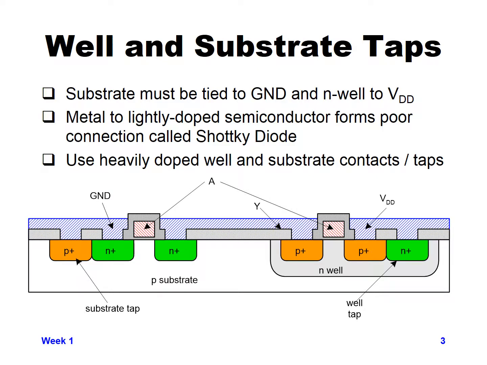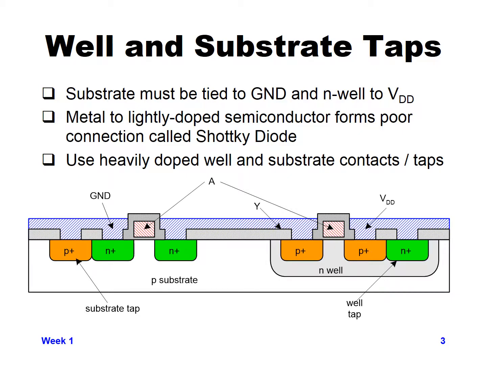And again, because it's an N type diffusion for the PMOS transistors, we need that connected to the most positive voltage in the circuit, which is our VDD connection. So through the metal, the same metal that's connected to the source of our PMOS device will also be connected to the well tap of our PMOS N well. And so that's the VDD connection on the very right hand side of the diagram.